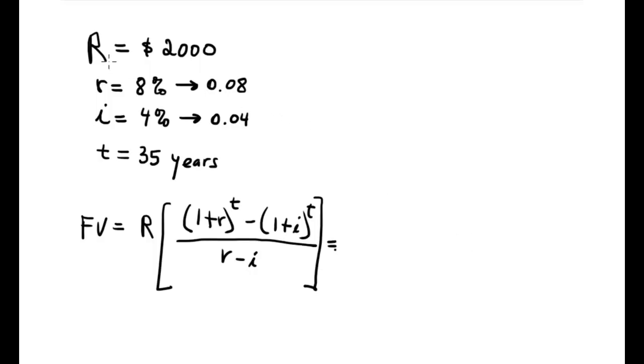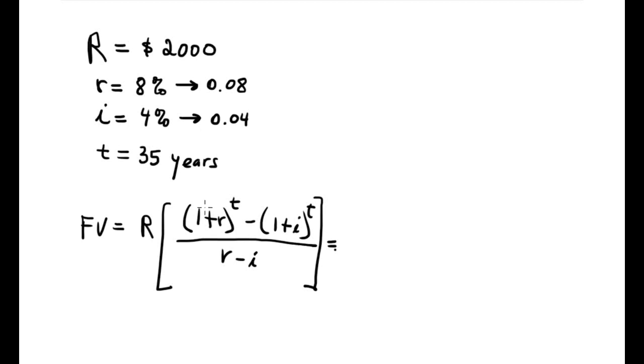Okay, this is our problem. R represents the deposit amount. R is the annual percent rate in our account, 8%, decimal 0.08. I is inflation, which I suppose is 4%, 0.04, for 35 years. This is my formula.